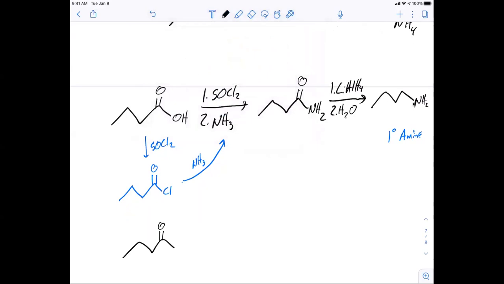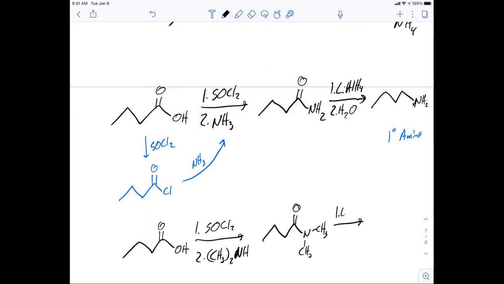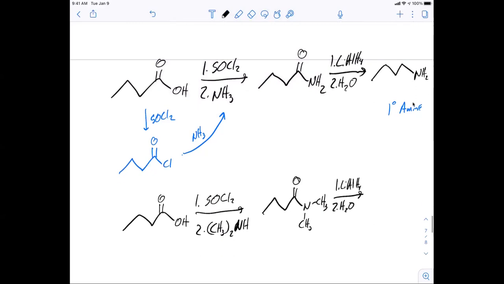So I could take the acid, add SOCl2 to make the chloride, and then here add, let's say, a secondary amine, to make the tertiary amine.